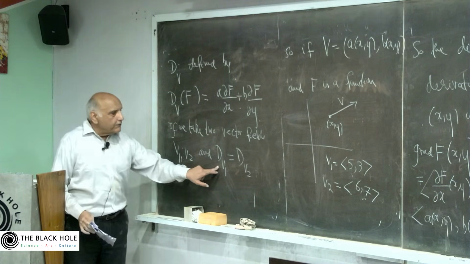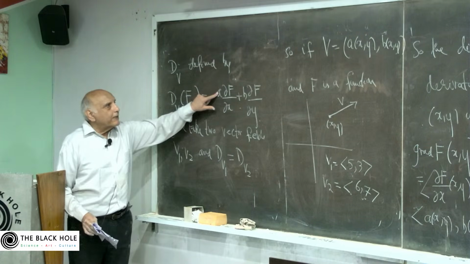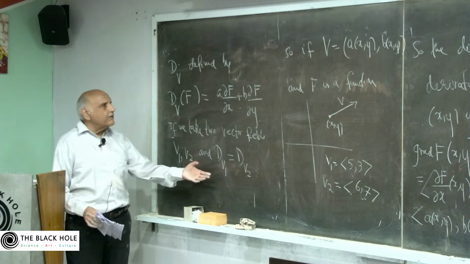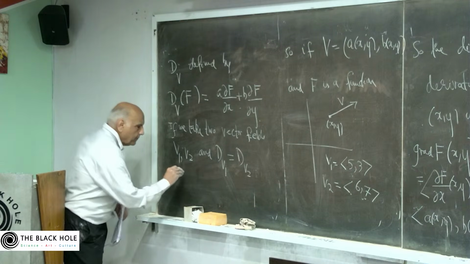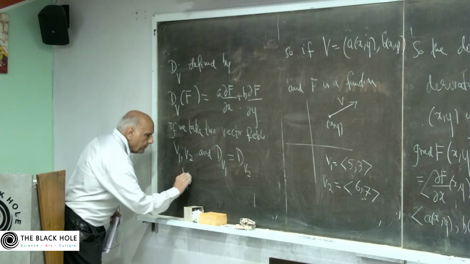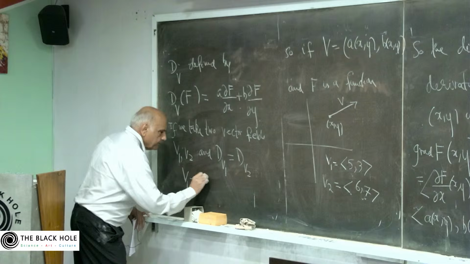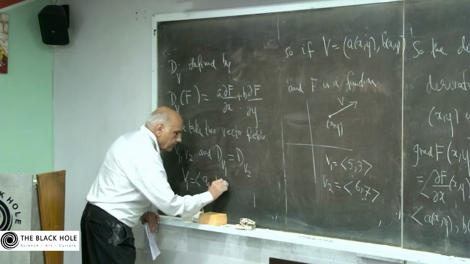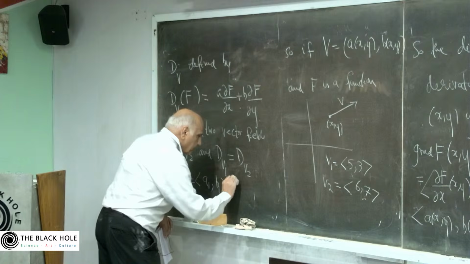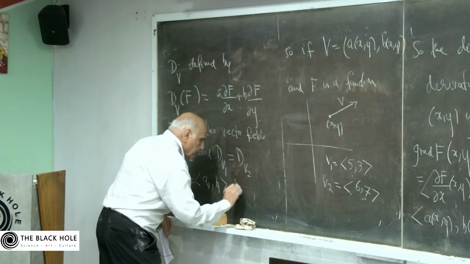Let's try it. dv1 is equal to dv2 means what? Let's give them names. V1 is (A1, B1) and V2 is (A2, B2), these are functions of x and y.